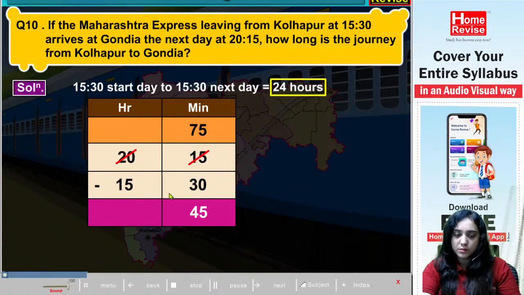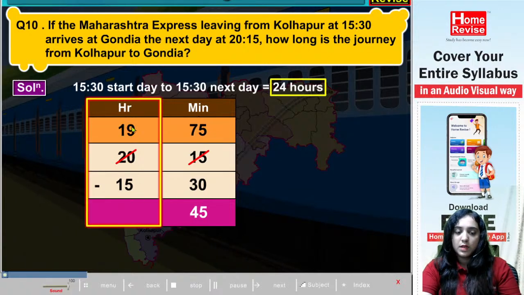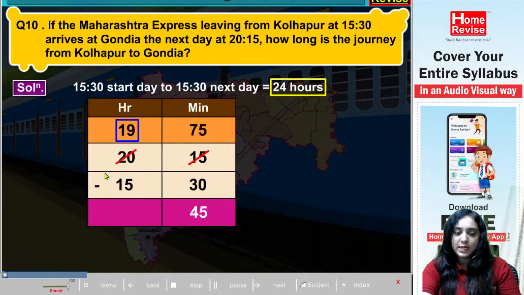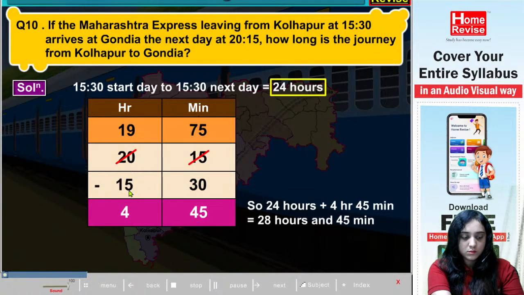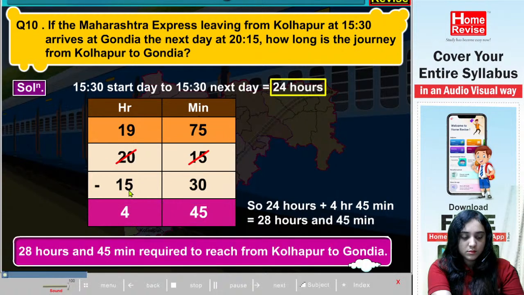Now, in the hours column, we have 19, since we took 1 hour from 20 hours. So 19 minus 15 is 4. So now we have 4 in the hours column and 45 in the minutes column. So 24 hours plus 4 hours and 45 minutes means 28 hours and 45 minutes required to reach Gondia from Kolhapur.